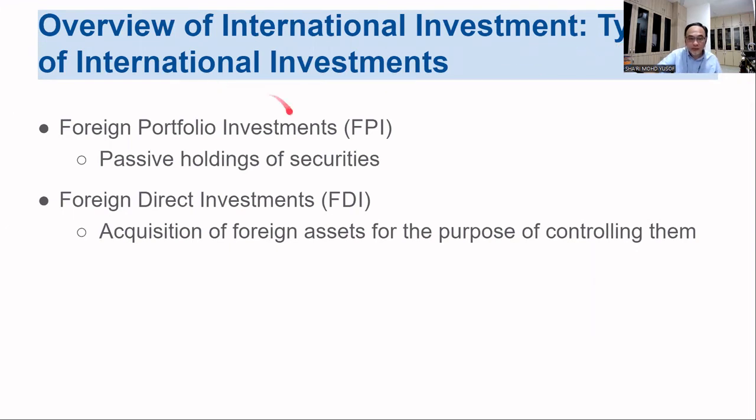The types of international investments: foreign portfolio investments, which is the passive holding of securities such as stocks, bonds, or whatever, and also foreign direct investments, whereby you acquire foreign assets for the purpose of controlling them, and of course you build factories or you build ports or whatever.